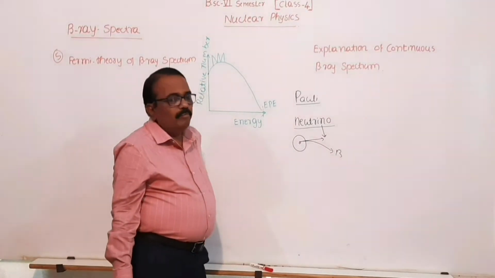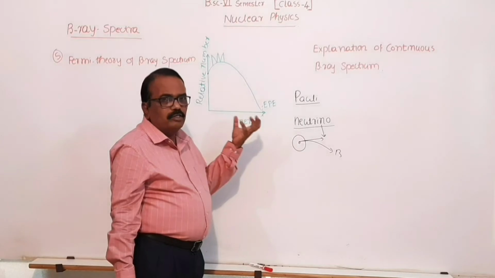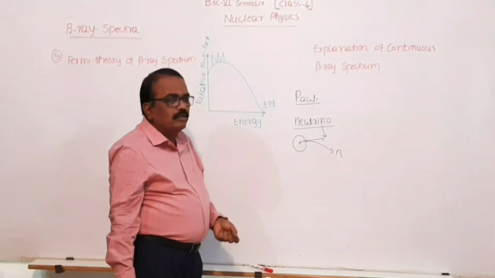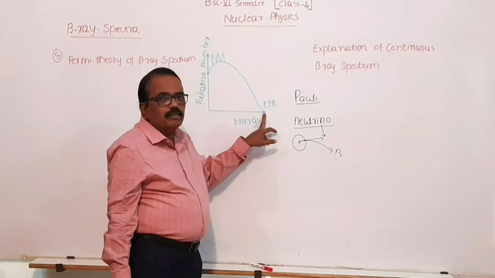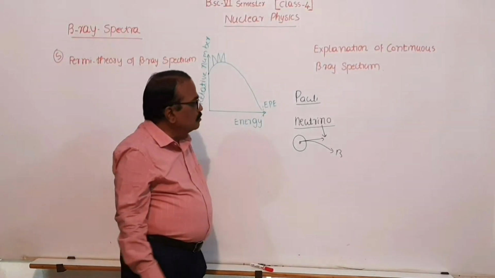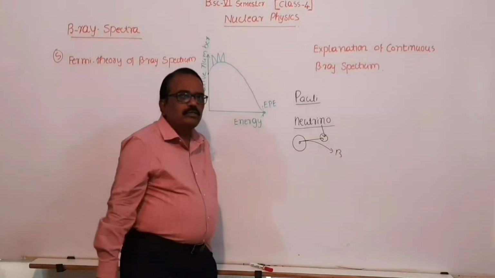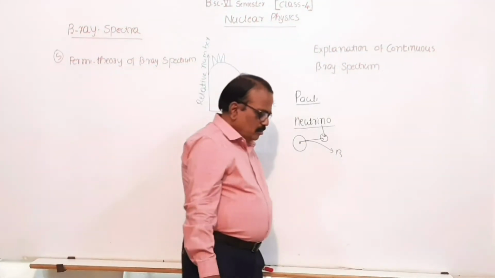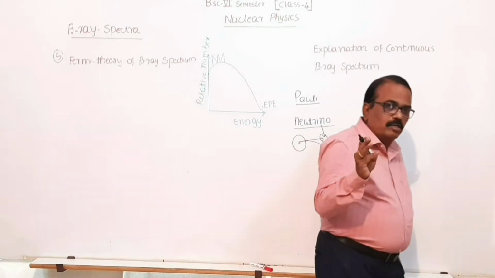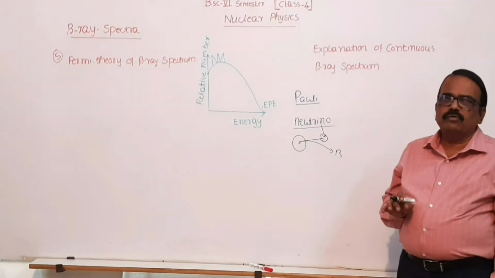And the beta particle takes an endpoint energy. It carries the disintegration energy; that is nothing but the endpoint energy. The remaining energy is carried by this particle known as neutrino. So the charge on the neutrino is 0. Its rest mass is 0.